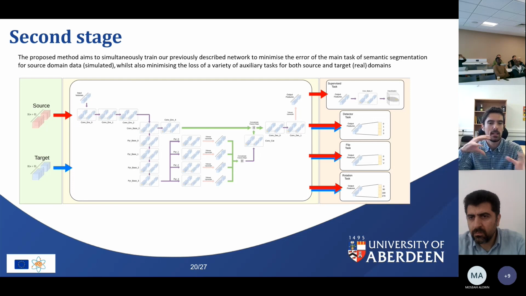You say, I rotated 90 degrees, label it as 90 degrees. You rotate 180, you do it for 180. So then you create your own labels. And then you have the two parallel networks trying to predict exactly the same transformation. By doing that, what you are trying to achieve is to align the distributions together. So you create, as a machine learning researcher, your own labels. And that is what we do as part of the self-supervised learning component.